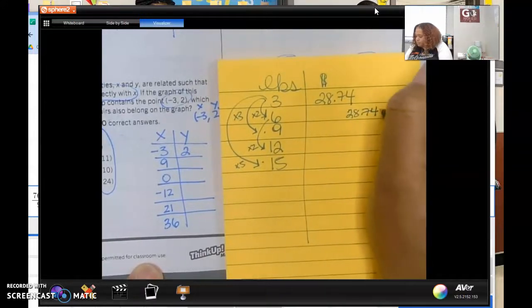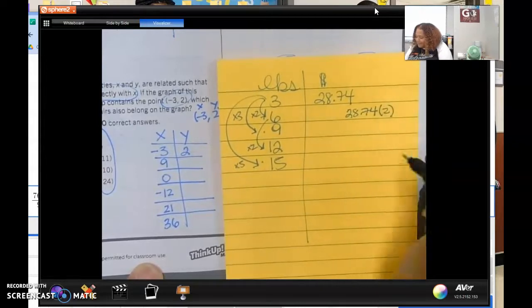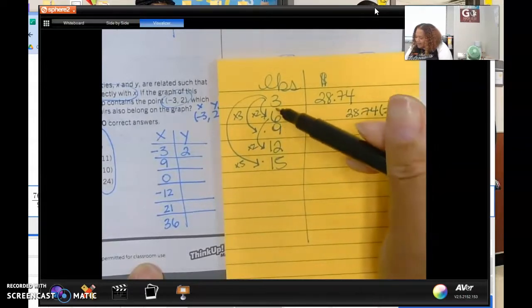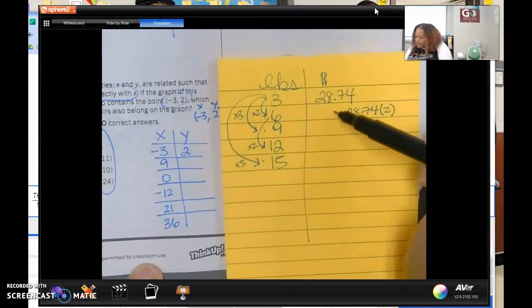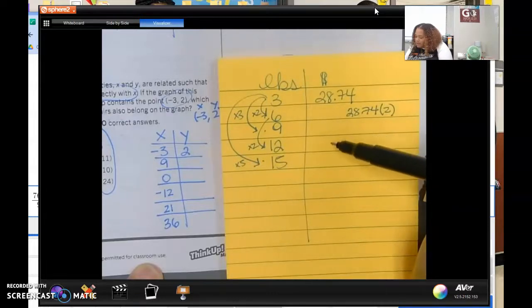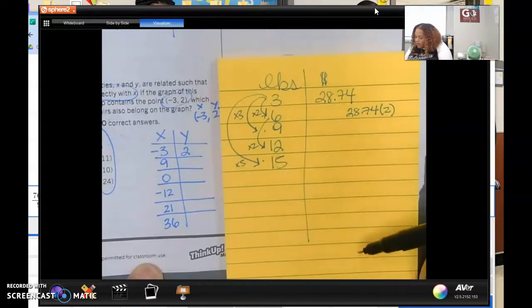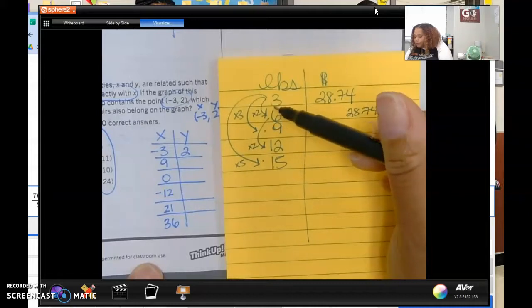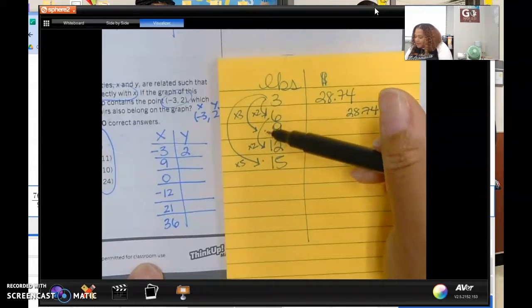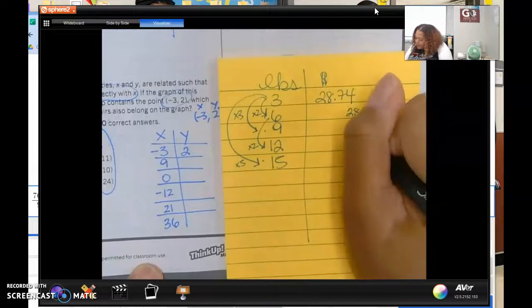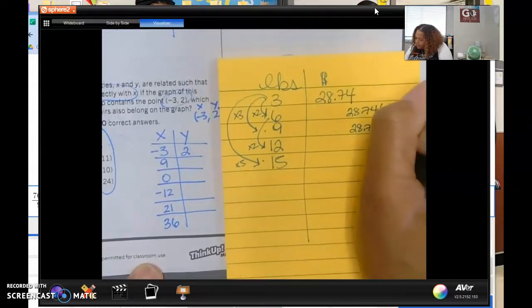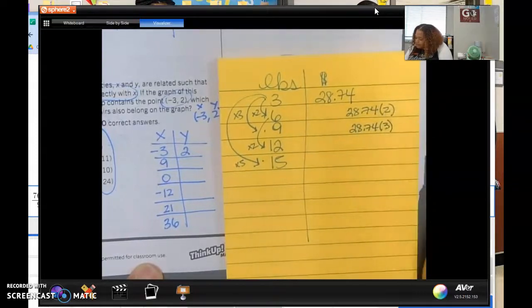Yes. I can take this number that I get here and multiply it by 2 to get 12. Or I could do 3 times 3. So then this would be 28.74 times 3.